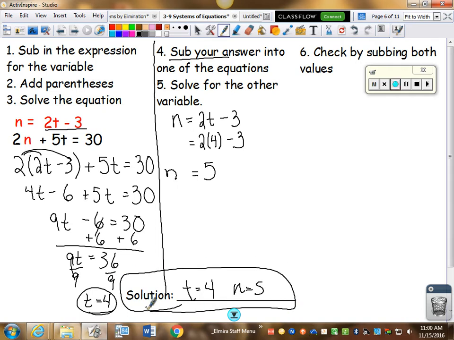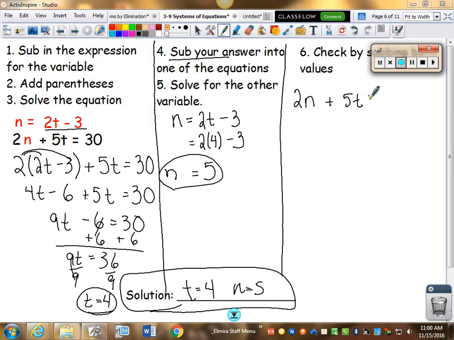I've got my solution. However, these problems are a lot of work, and you know that you have to check them. So I'm going to pick the other equation. 2 times n plus 5 times t equals 30. Now n was 5. Be careful subbing in.